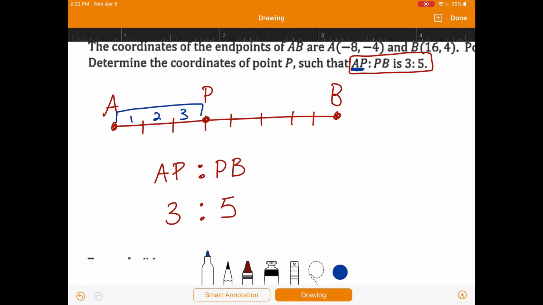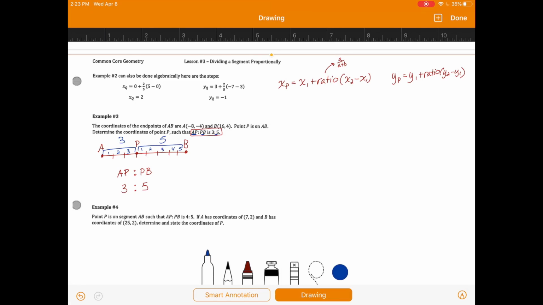And all of these pieces throughout the whole thing will be equal. And PB is going to have 5 of those equal pieces. So 1, 2, 3, 4, 5 equal pieces here. So when it says 3 to 5, it's 3 to 5 equal pieces like that. And that's going to help us set up the ratio part of our equations.